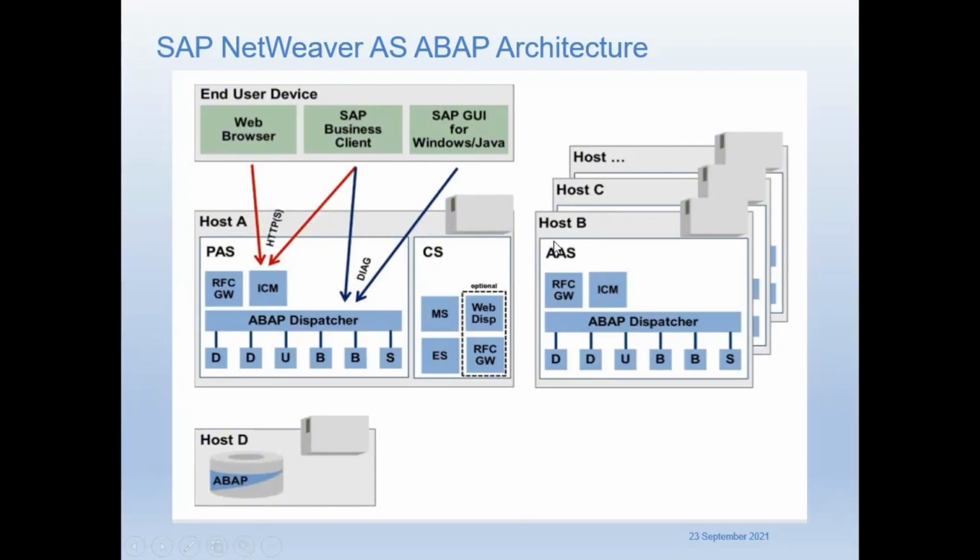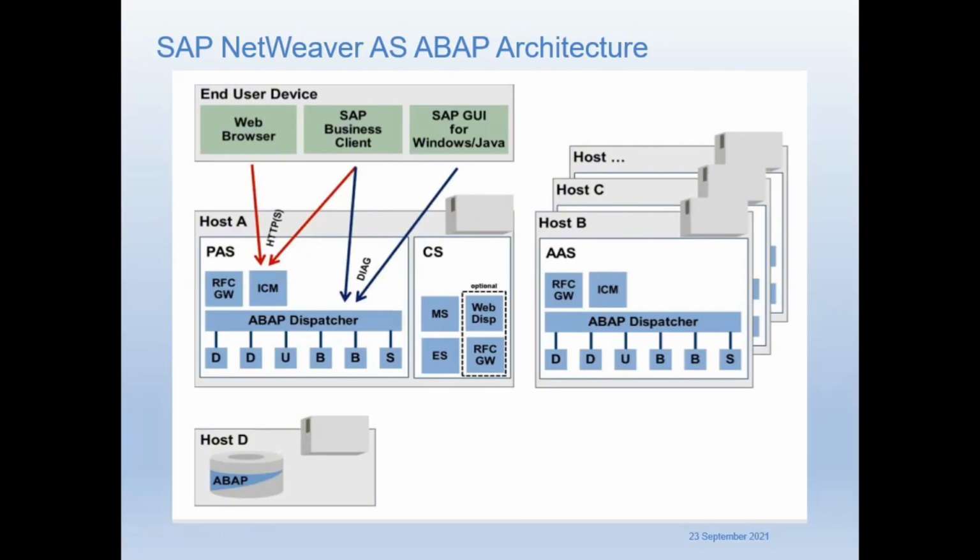The communication between host A, B, C, D will be established by message server. Getting guys? Message server will establish the communication between all the application servers in the landscape. Whether you have one computer or one application server or many application servers, they are connected and working together with the help of message server.